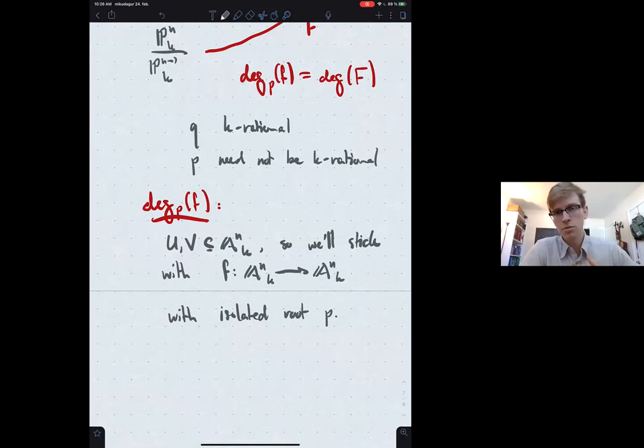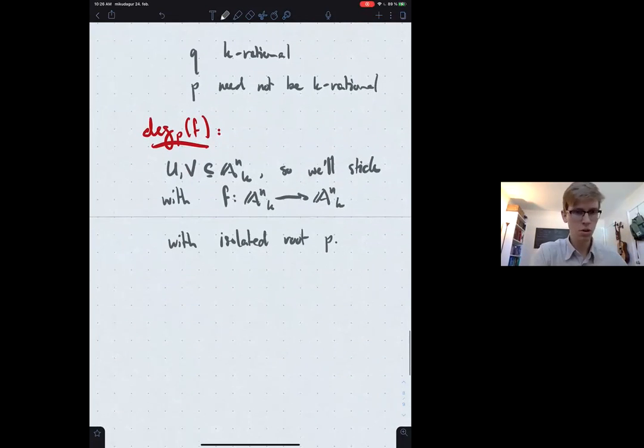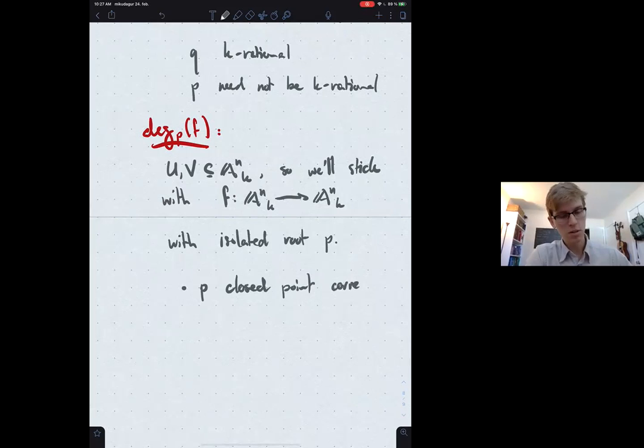So if you didn't have a complete intersection, you would have something that was not a finite dimensional vector space, and it messes with some of the commutative algebra that shows up. So P, since it's an isolated zero, is a closed point, and it corresponds to some maximal ideal of the polynomial ring.